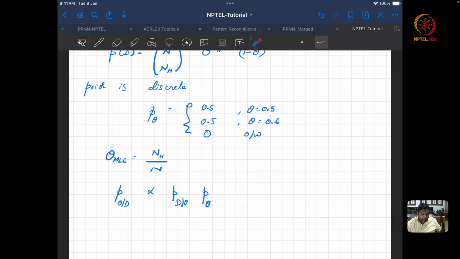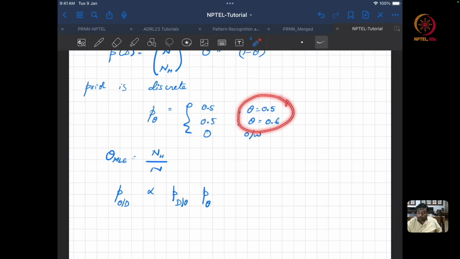This is your data, this is your prior, and this is your conjugate prior. Both of them should have similar functional form. Similar functional form in the sense it can only take these two values. The probability with which it takes the value might change, but eventually it has to take only these two values. Be very clear with that.